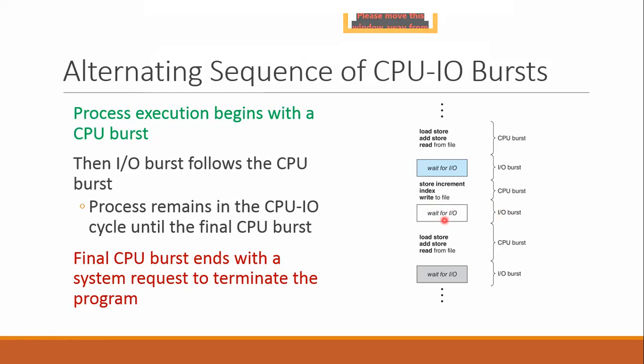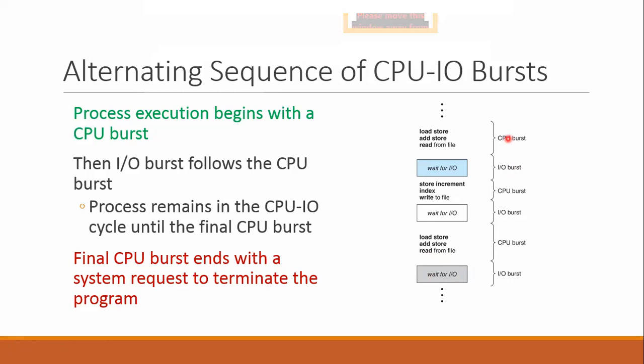After this IO operation has been completed, the process will enter the next CPU burst. And in this burst, there might be instructions like load store, add store, and again, read from file. So after having issued this instruction, again, the process will enter the IO wait cycle and it will wait for the completion of the IO operation. So this process will keep continuing.